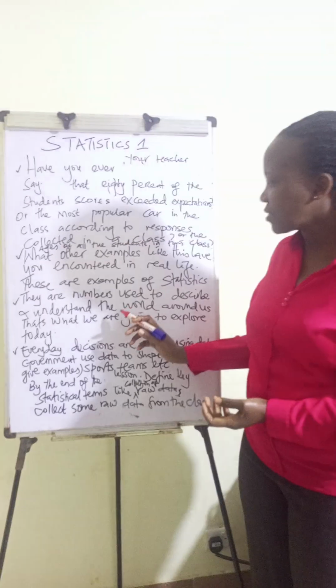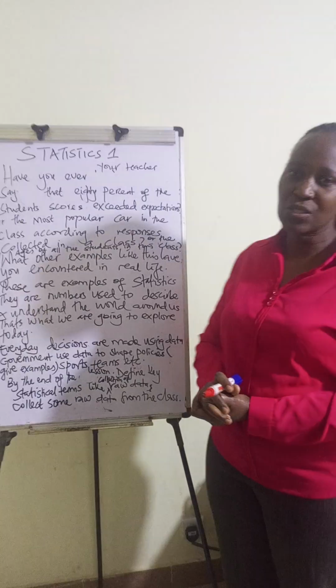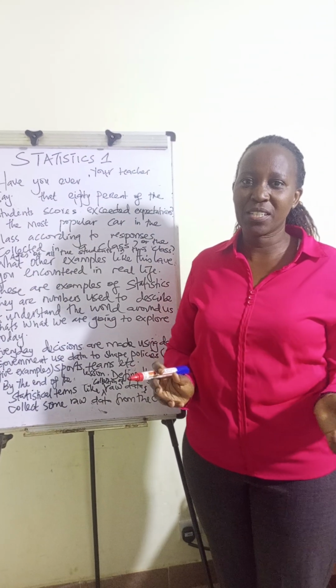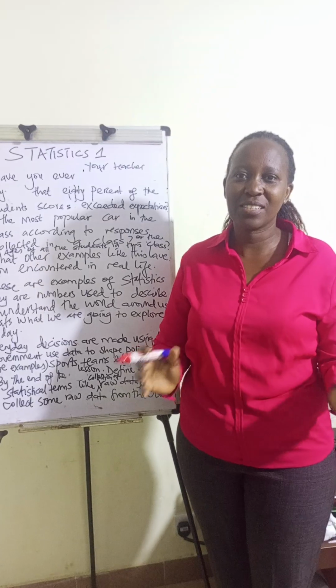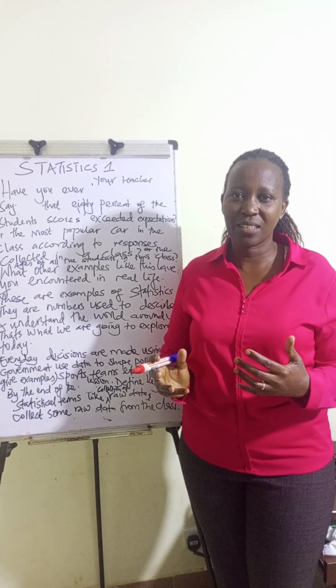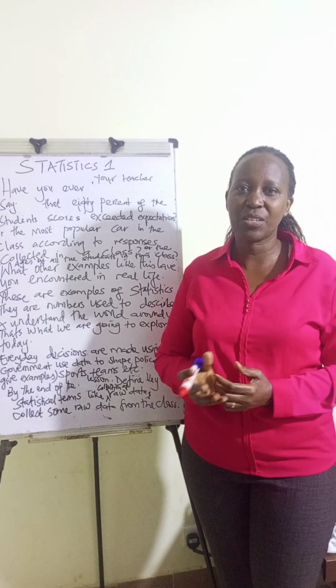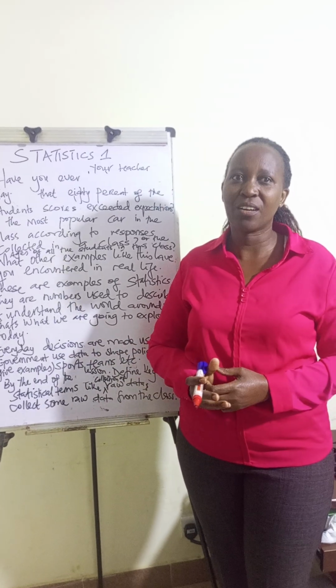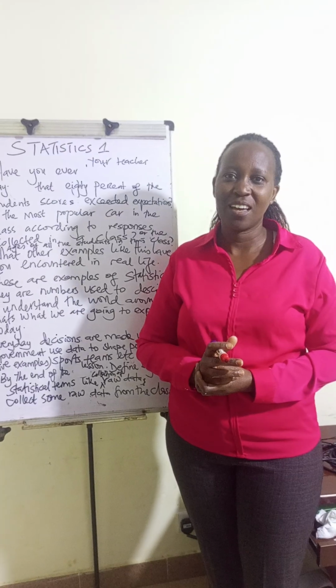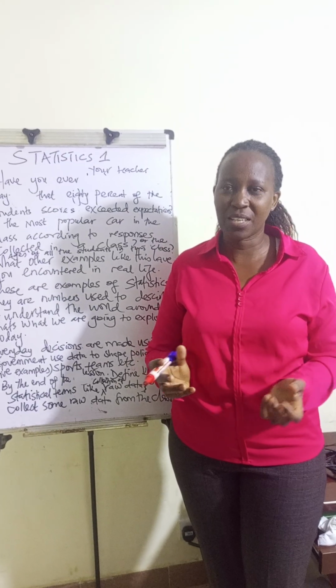Now, statistics begins with collection of raw data. What is raw data? Raw data is data which has not been organized but has been collected. In the process of these lessons, following each other, we are going to look at how to organize, tabulate and present that data.